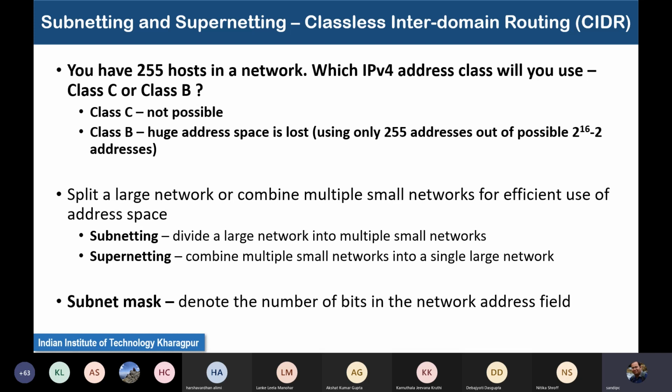That field will denote how many bits are part of the network and how many bits are part of the host. And that particular field, which we needed as a part of IP addressing, we call the subnet mask. I hope that you have already heard about this subnet mask while doing your lab assignments, or even while configuring your IP address, and that was the purpose of the subnet mask.